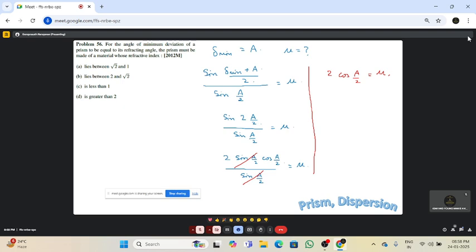What I can do? 2 cos A by 2 is equal to mu. Any ideas when mu is equal to 2?